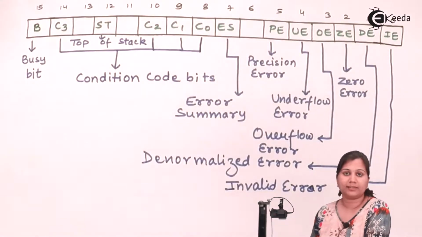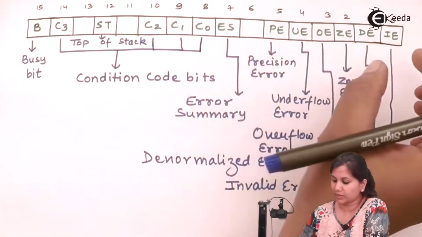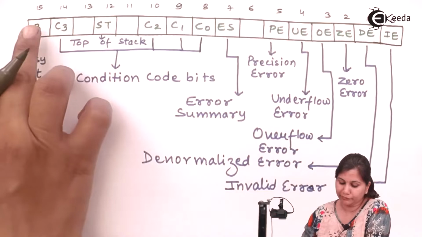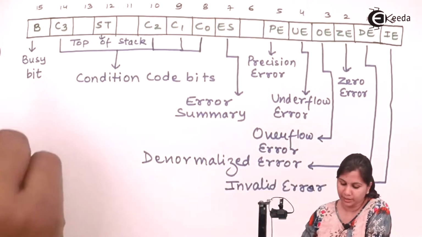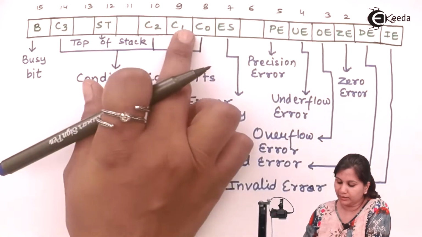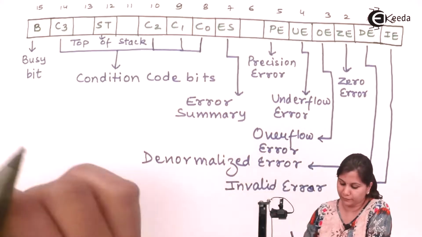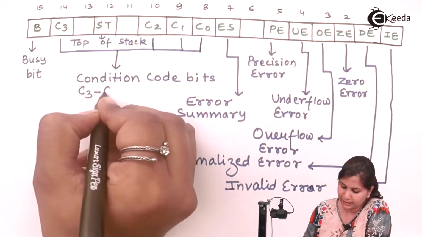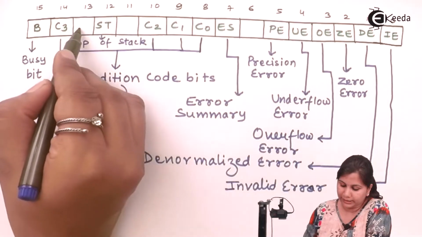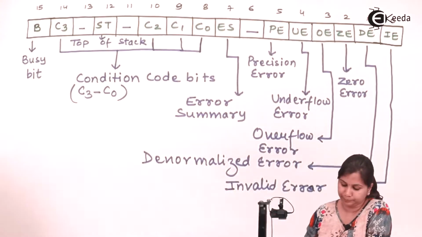So these are the 16 bits of the status register. You can see starting from 0 to 15, these are the 16 bits. Bit number 15 is the busy bit. Then bits 14, 10, 9 and 8 are the 4 condition code bits, C3 to C0. Then 13 is empty, 11 is empty, 6 is also empty.